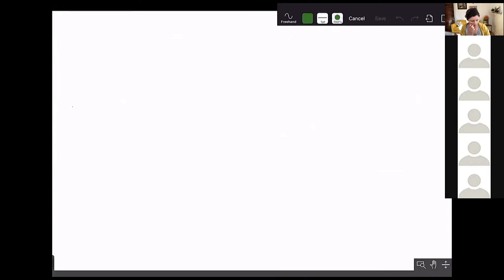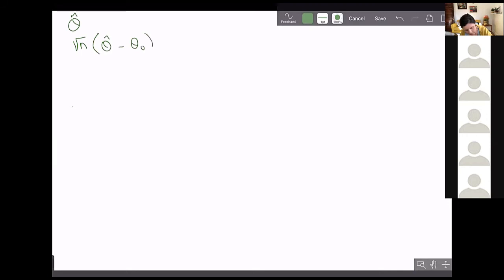But so the statement of the delta method: say you have some random variable or some estimator theta hat, and you know that theta hat has an asymptotically normal distribution, and so I'm writing out the math for that here.